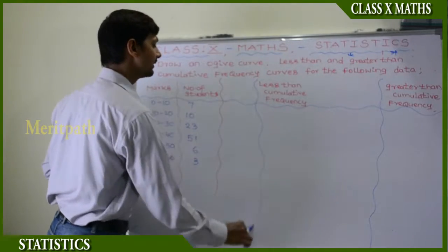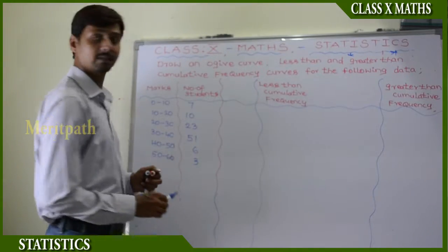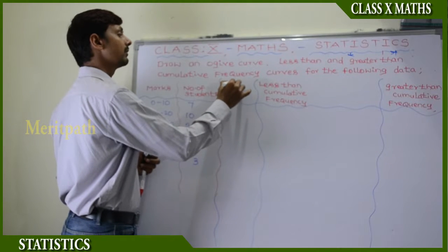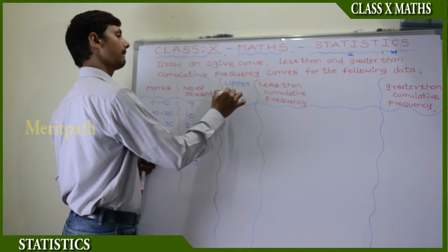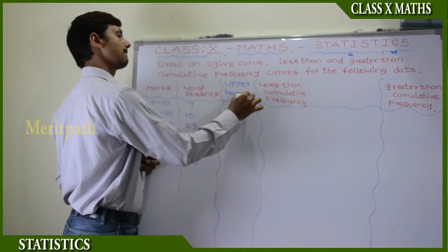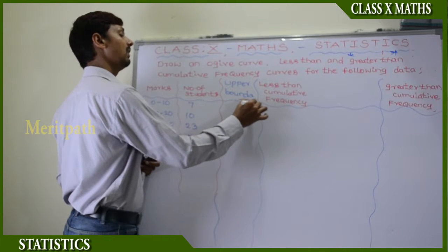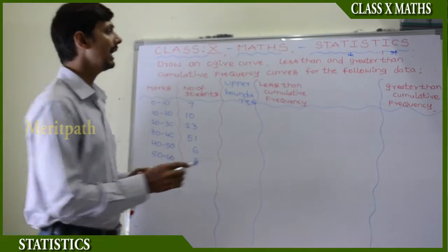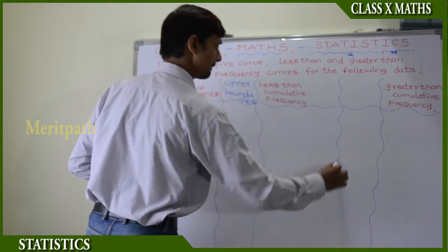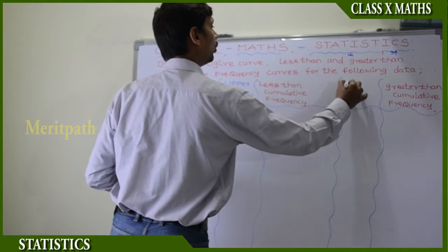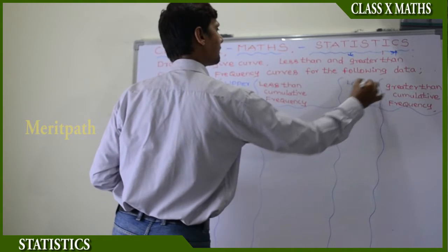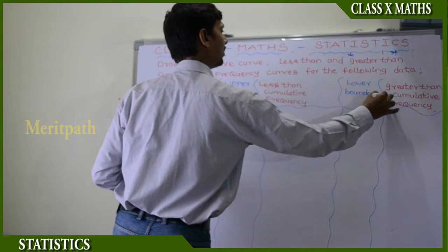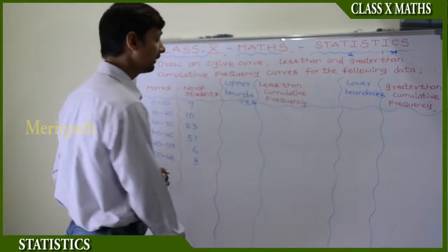To find the less than cumulative frequencies, first let's find the upper boundaries. We'll find upper boundaries for less than cumulative frequencies and lower boundaries for greater than cumulative frequencies.